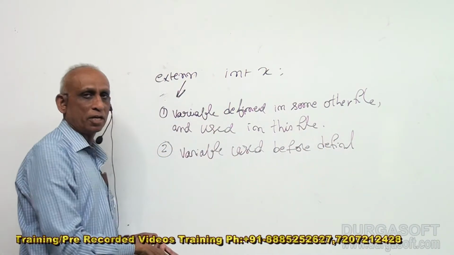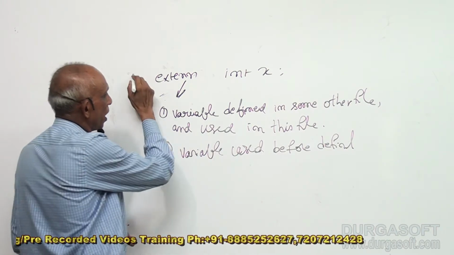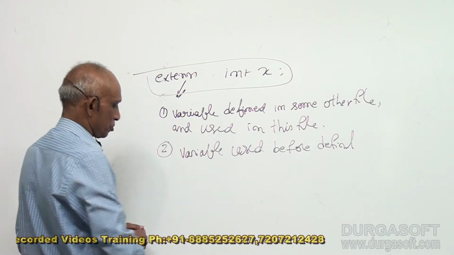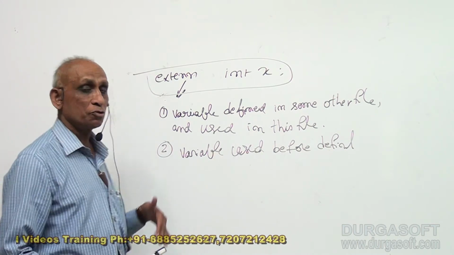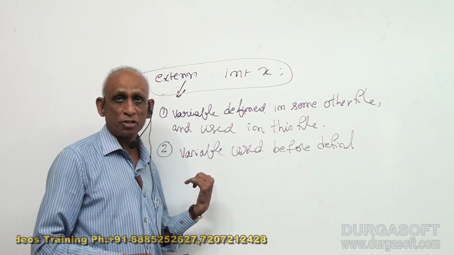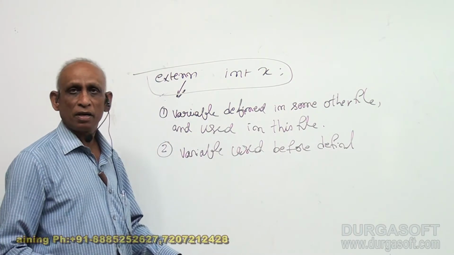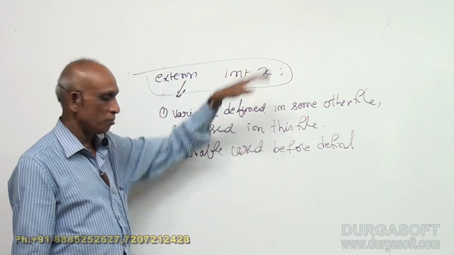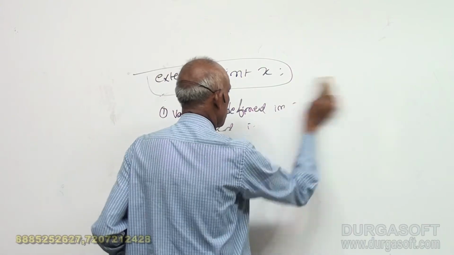The variable is defined somewhere down, but I am using it before the definition itself. In that case also I use an external declaration. Now let us see examples. So external declaration is used when a variable is defined in some other file but being used in this file, or a variable is declared somewhere down the file, but I am using it here itself before definition. So let us see examples of how to do this.